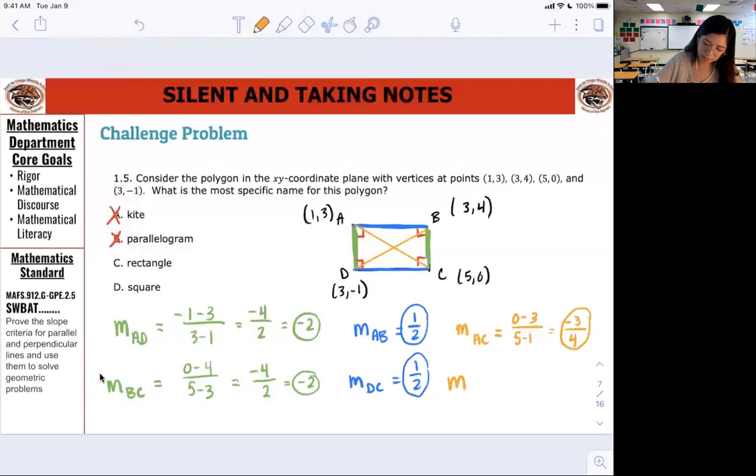What about DB? Yeah, 5 over 0. 4 minus negative 1 over 3 minus 3. That's 5 over 0. When something is over 0, what does it mean about that line?